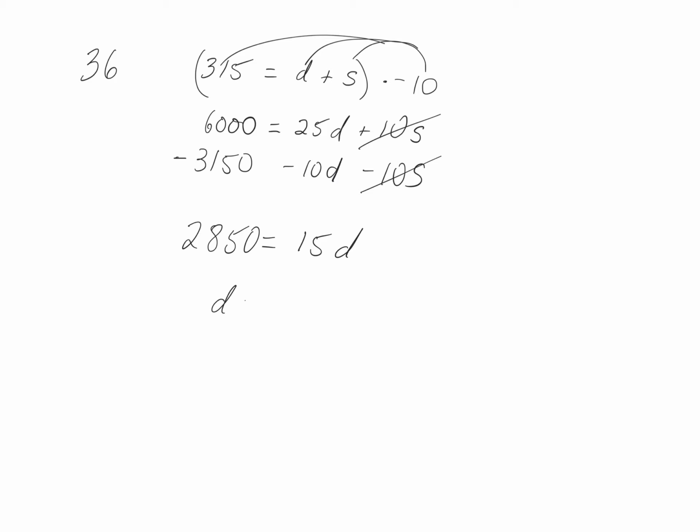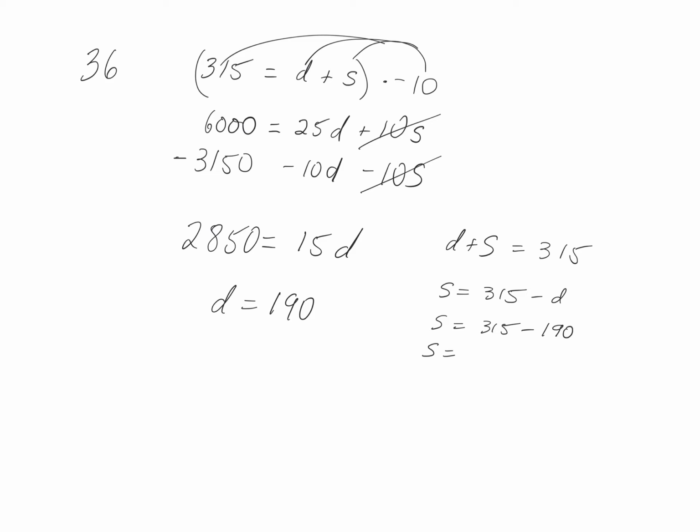So the number of dresses equals 190. So now let's not forget that d plus s is equal to 315. D is 190, so S is equal to 315 minus D, which is 315 minus 190.